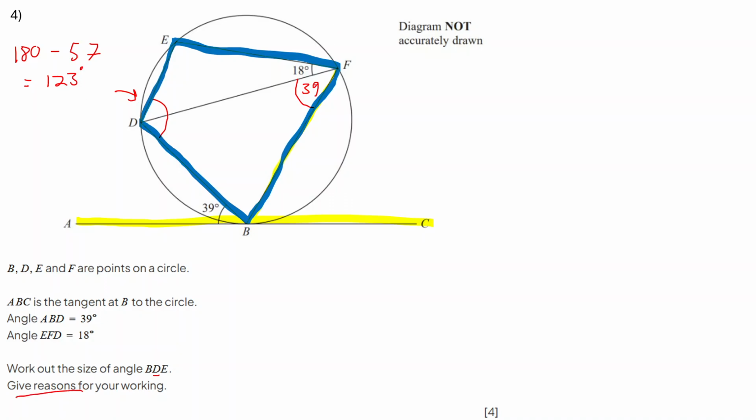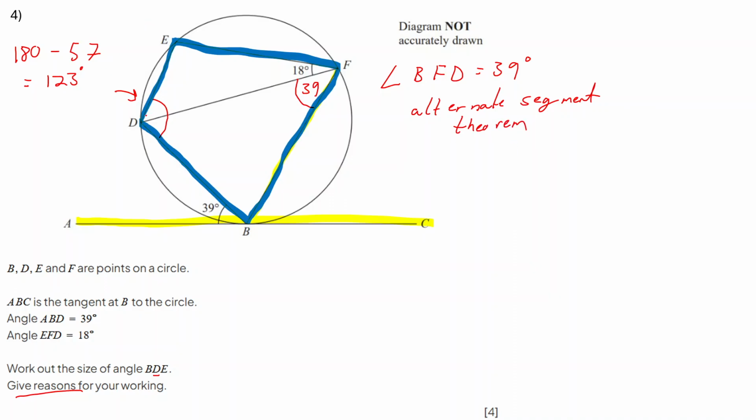I need to say that this angle is formed like this. Angle BFD will do. So angle BFD is equal to 39 degrees because of the alternate segment theorem again, which is nice.